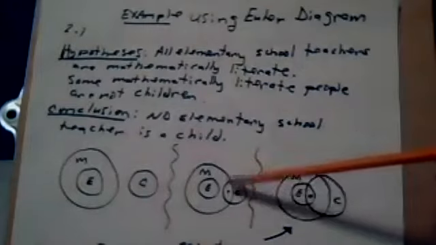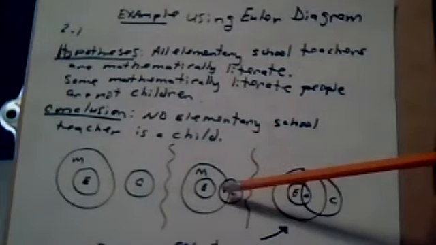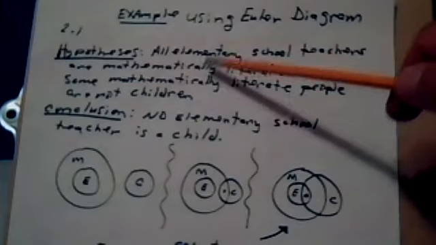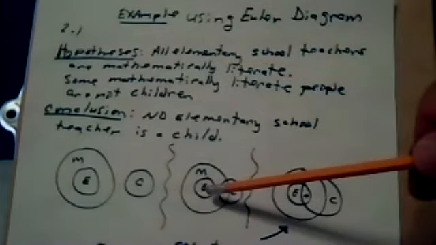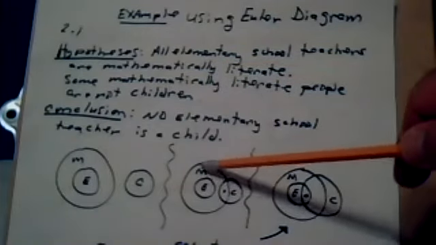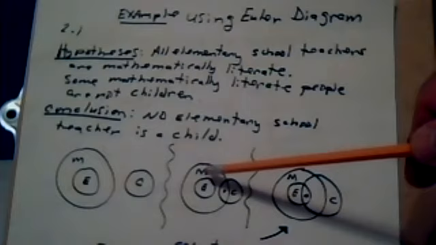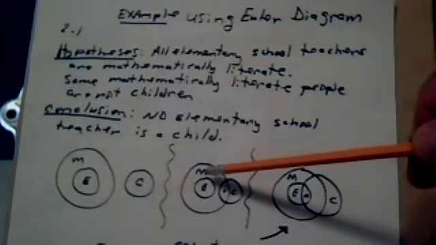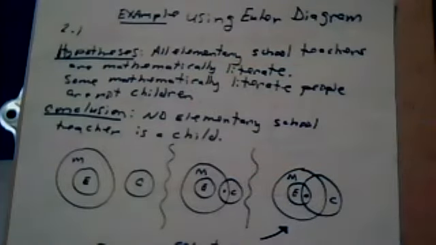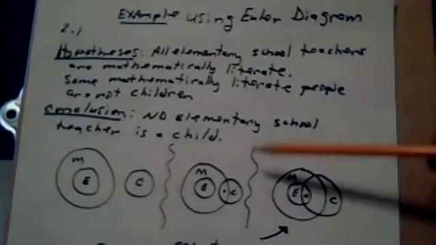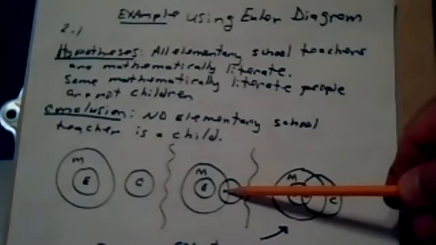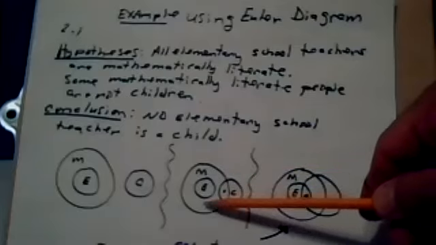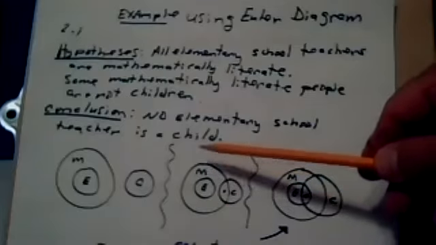Now let the C circle overlap with the M circle and see the hypothesis is still being described. All elementary school teachers are mathematically literate. Some mathematically literate people are not children. The one that's here is a person that's mathematically literate and is a child, but there are some outside, out here, that are not children.